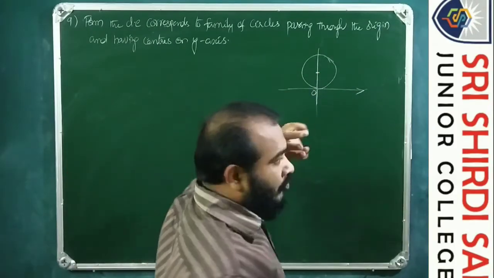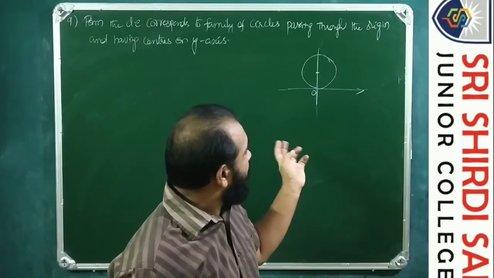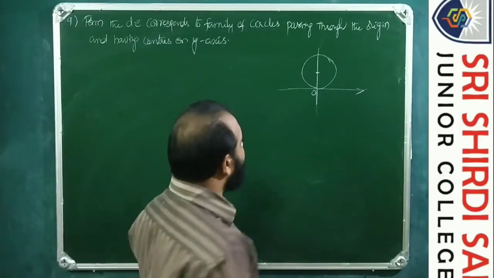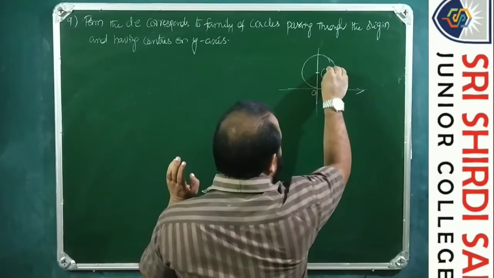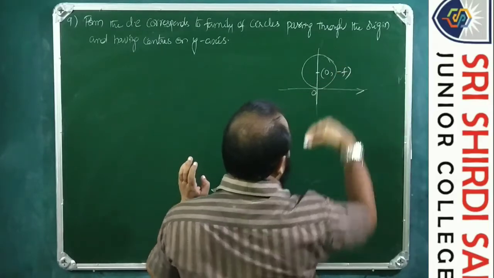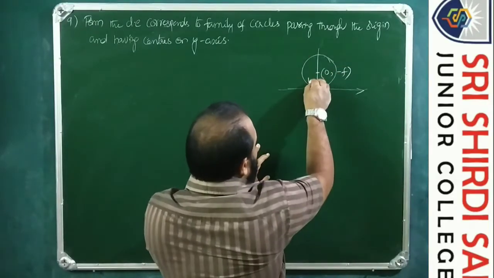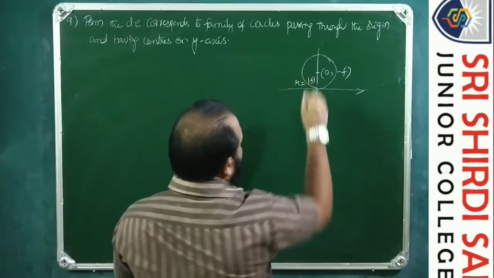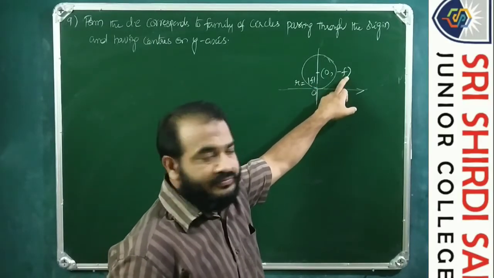So for the circle x² + y² + 2gx + 2fy + c = 0, the center is (-g, -f). Since the center lies on the y-axis, the x coordinate is 0, so the center is (0, -f), and the radius is modulus of f. This is r. So we have radius and (h, k).